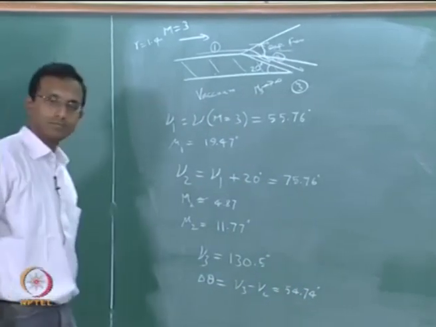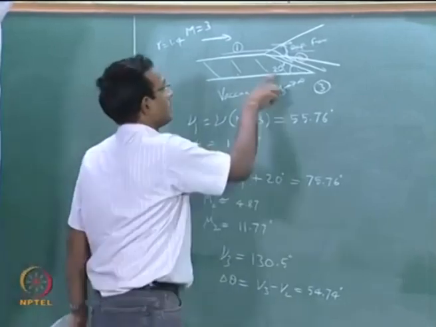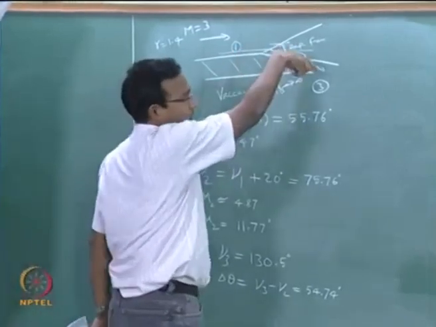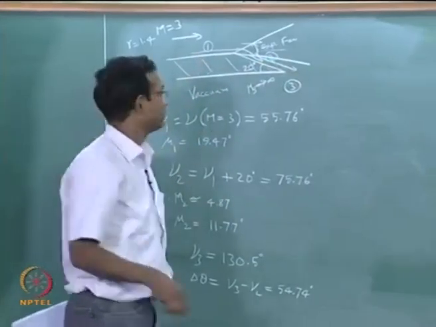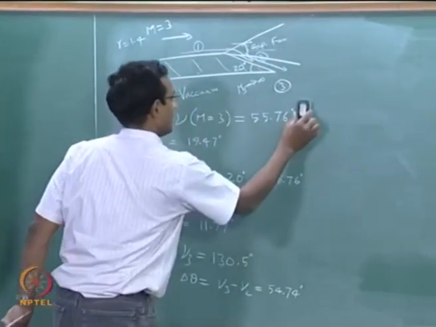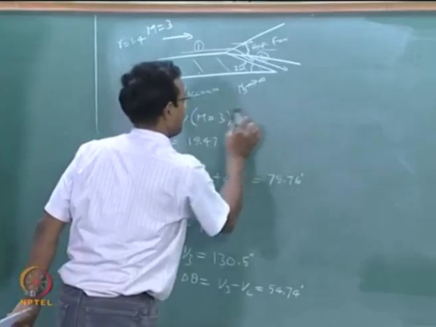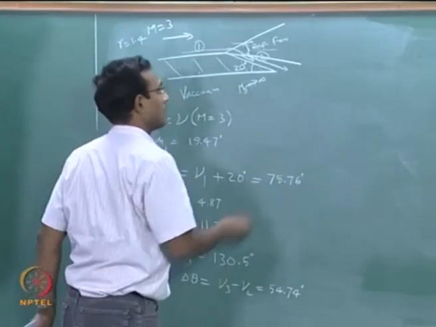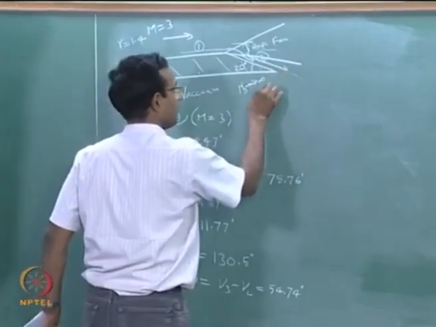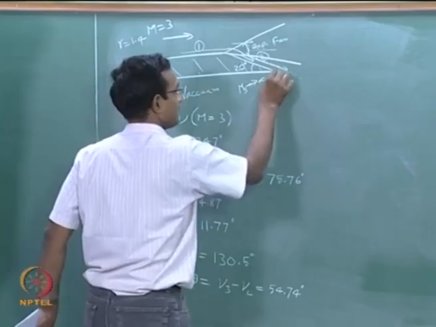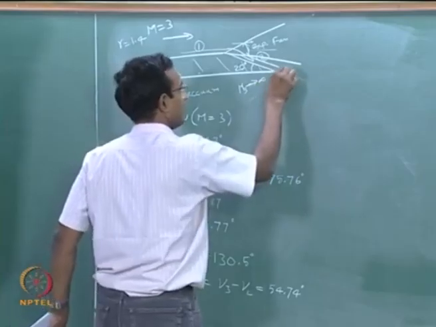54.74 degrees, okay. Which means the flow has already turned 20 degrees from horizontal, it can turn only 54 degrees more. Okay. So, I will erase these things for clarity. It can turn only 54 degrees more from here. Okay, this is my 90 degrees, it's 60 degrees, so it can turn only 54 degrees.